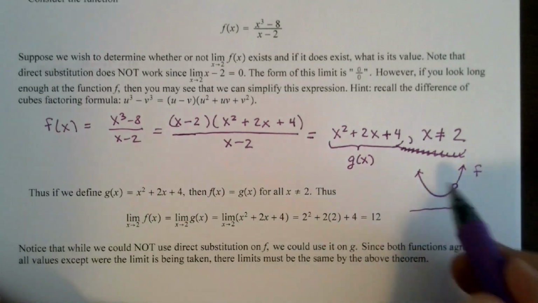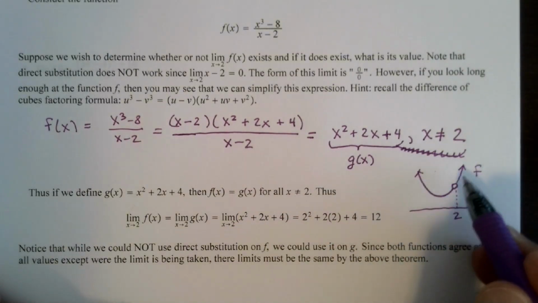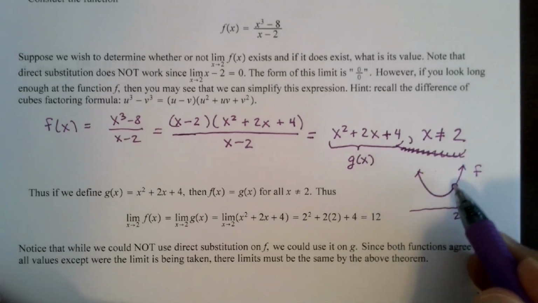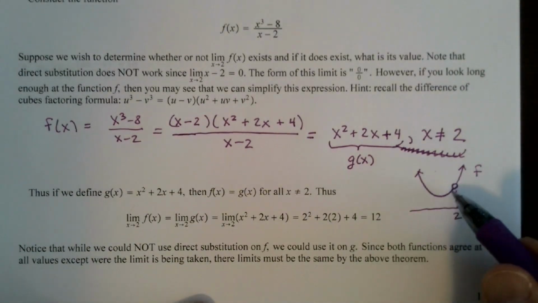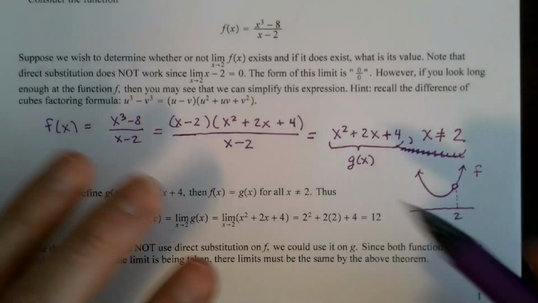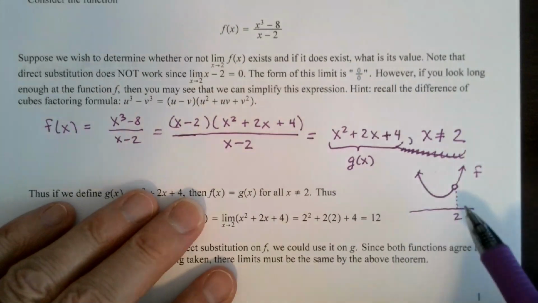So we find a function that is exactly the same as the function we're trying to find the limit of, except it's going to be continuous at that hole. And so these are the types of functions that are going to give us that indeterminate form. When I take the limit as x approaches 2, and I have a hole, that's when I'm getting this indeterminate form at that hole location.